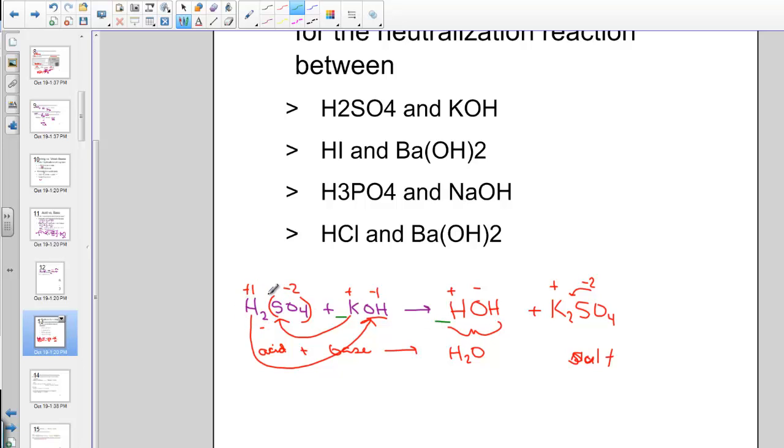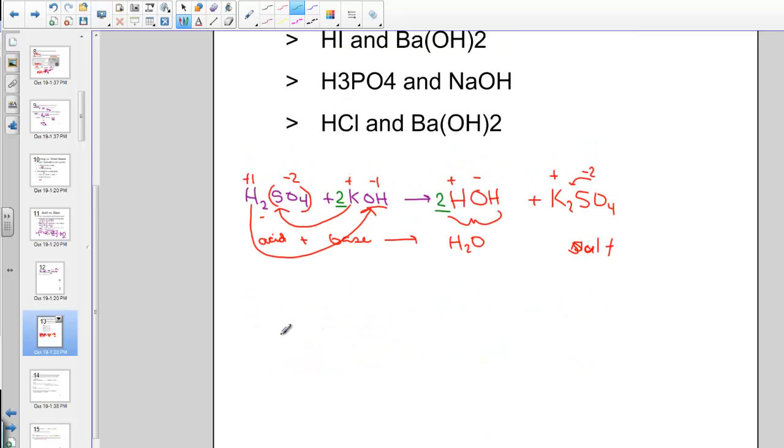So as soon as I noticed I had a diprotic acid, 2 hydrogens, I knew it would take 2 base units to balance the 2 acid units, giving me 2 water molecules. 2 protons, 2 hydrogen ions, require 2 hydroxide or base ions to electrically balance and neutralize. There's our first example.